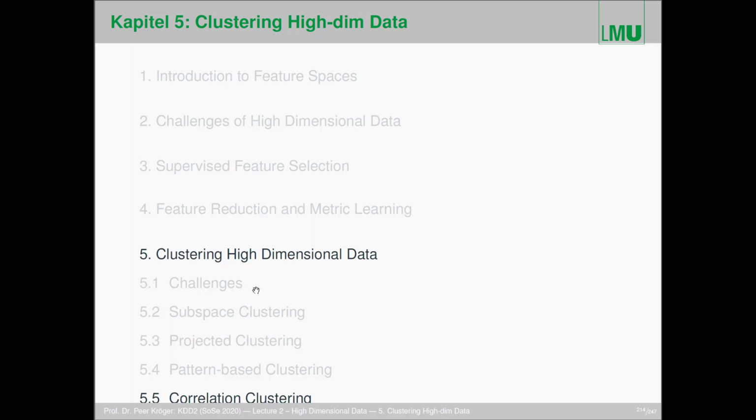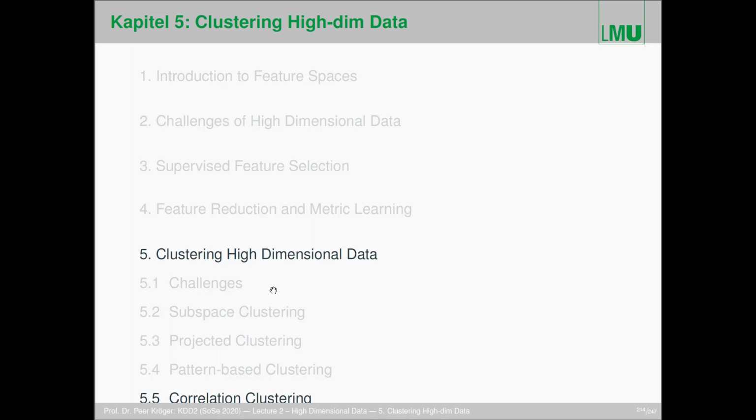The most important solution to the challenges is that we now try to integrate feature selection, feature reduction, feature learning into the clustering process, because finding the right subspace and finding the right cluster somehow depend on each other in a kind of vicious circle way.